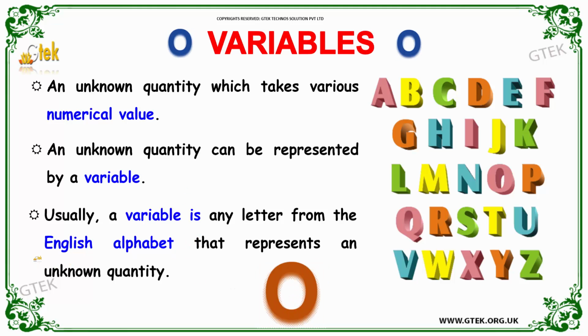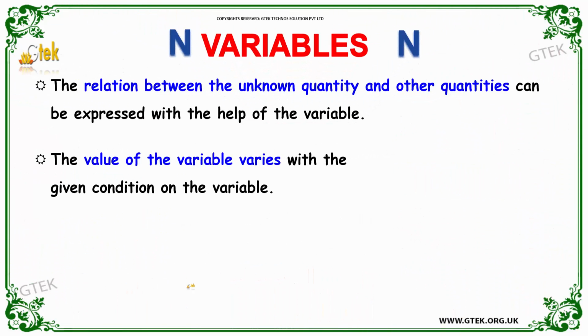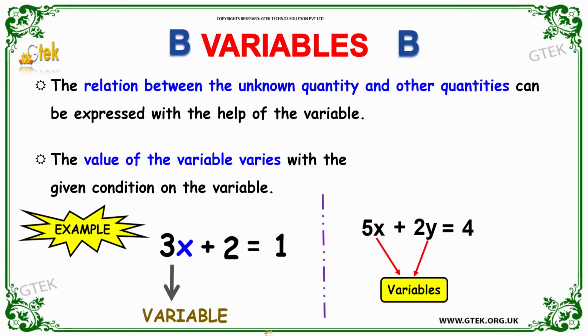So these are some of the common points of variables. Apart from that, the relation between the unknown quantity and other quantities can be expressed with the help of the variable. The value of the variable varies with the given condition on the variable.